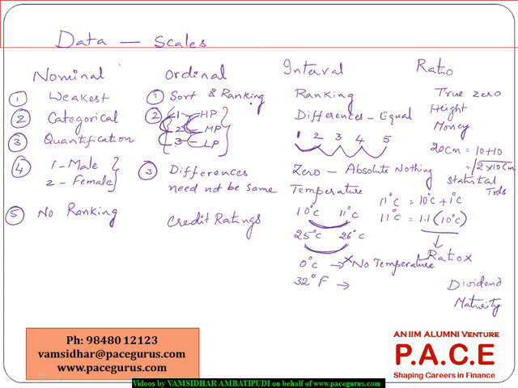But any kind of fund classifications, not the performance-wise, just a fund classification based on the style, they all go as part of the nominal scale, because there is no ranking or anything provided on the data. So this is another major thing that we really need to be comfortable with.